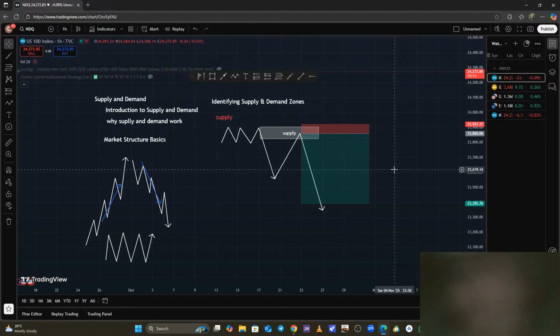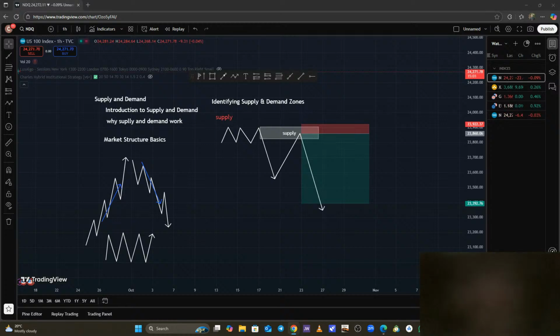Once you find that specific sharp move from that specific consolidation, that's where you enter for your sell. That's why you take your trade to the downside. That's how you identify supply, and that's how you trade supply.